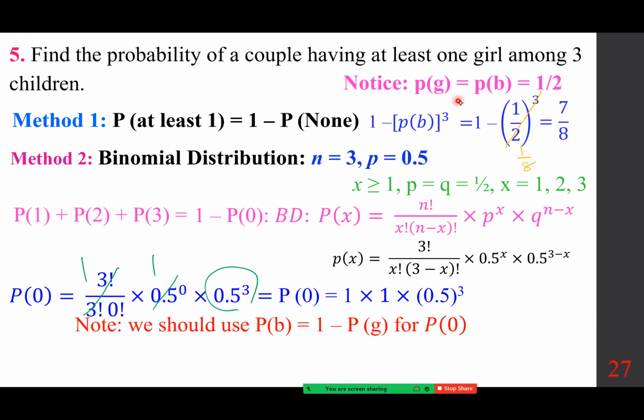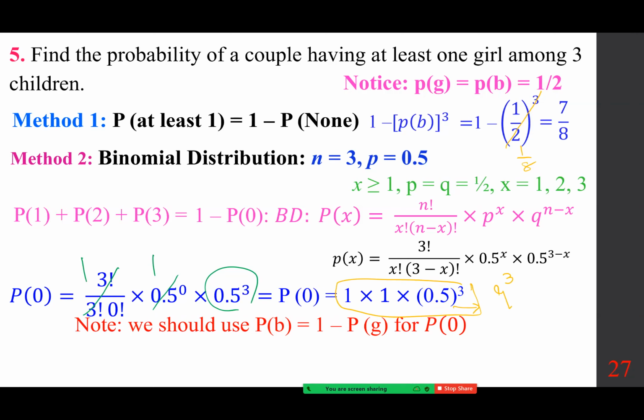Because they are the same, probability of G and B are the same, it seems that we are just using this P to the power of 3. That's not what we are doing. We are really using Q here. It's important to know this is Q, not P. It happened to be equal to P. So I'm going to make it so you can see that this is Q to the power of 3, because they may not be identical.